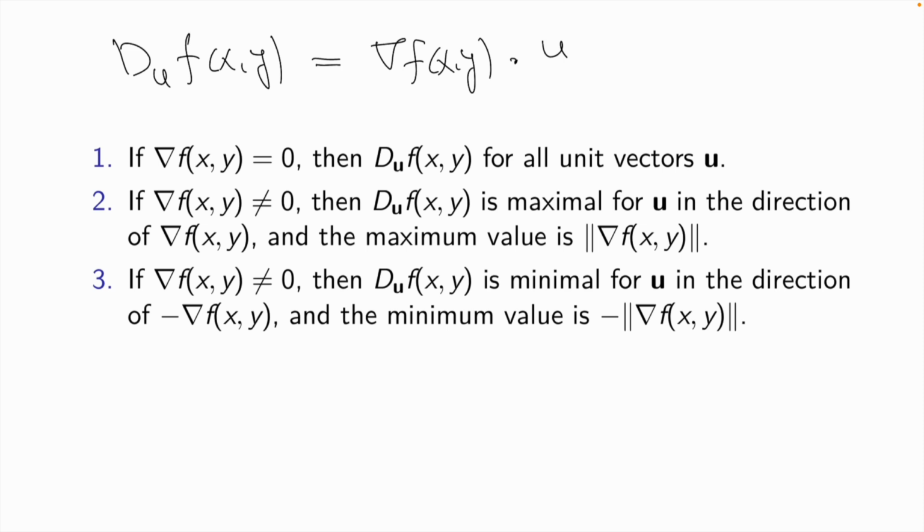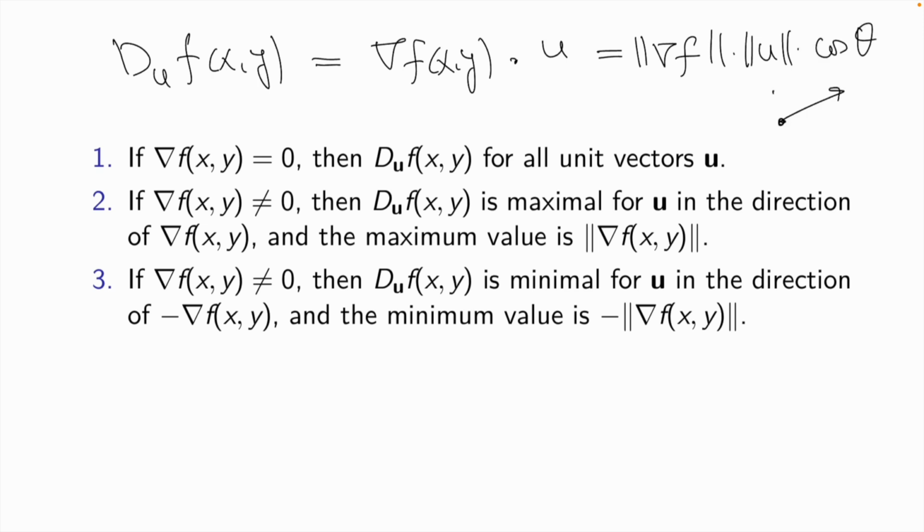The definition of the dot product is the multiplication of the norms of the two vectors times the cosine of the angle that they form. So this is the norm of the gradient times the norm of u times the cosine of the angle that they form.